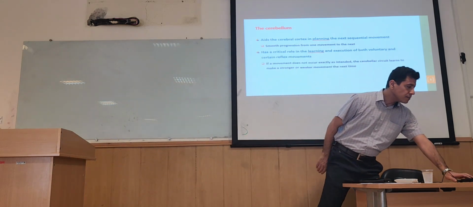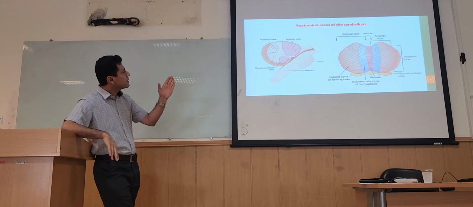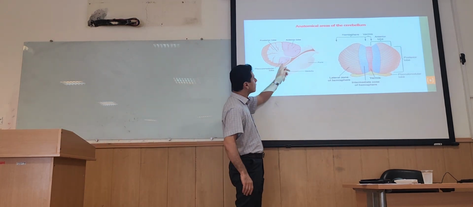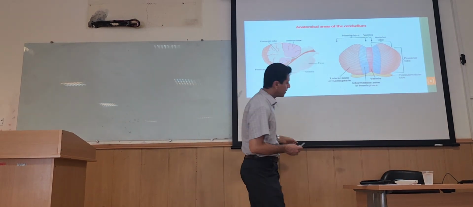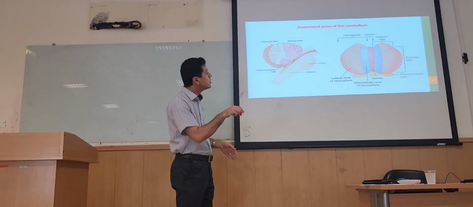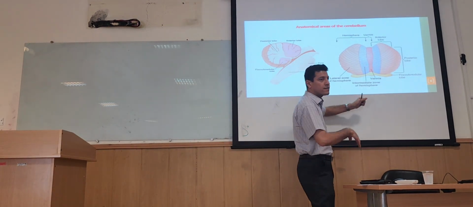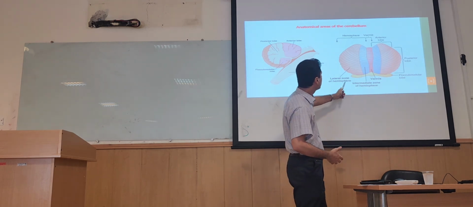So, you know the anatomy of the cerebellum, you know that it has an anterior lobe, a posterior lobe, and the flocculonodular lobe, right? And in physiology, we have another type of view of the cerebellum.